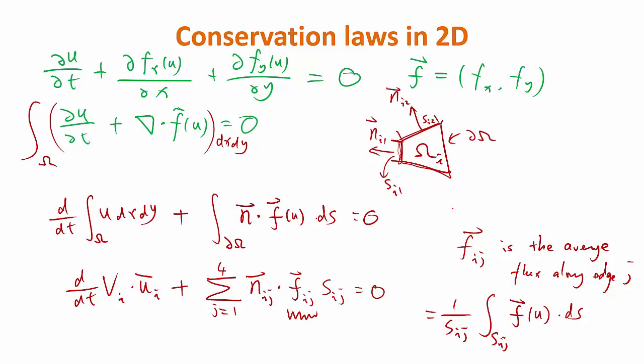And that number, that vector, is what we need to approximate. Good. Any other questions? That's a good one.